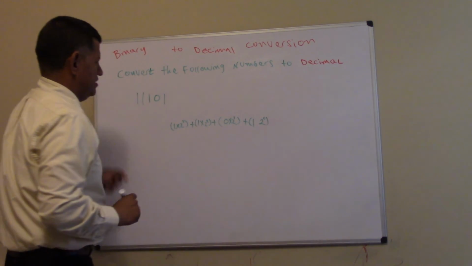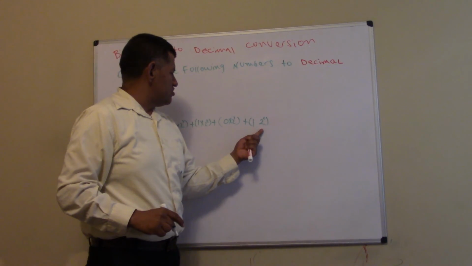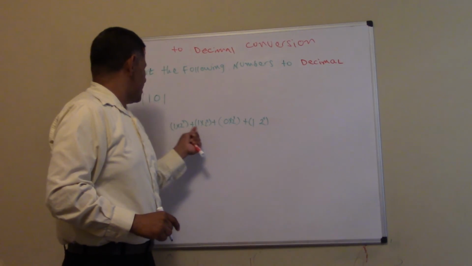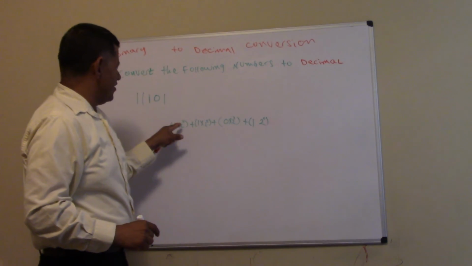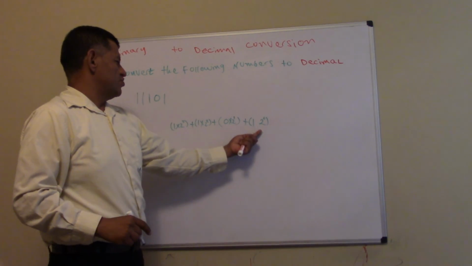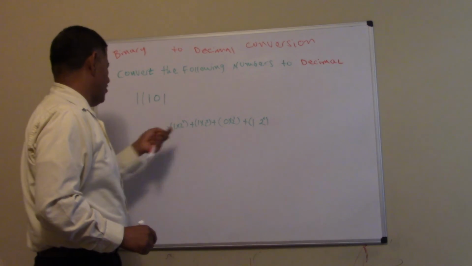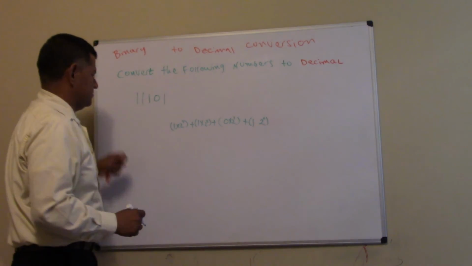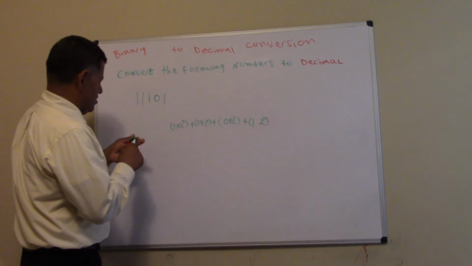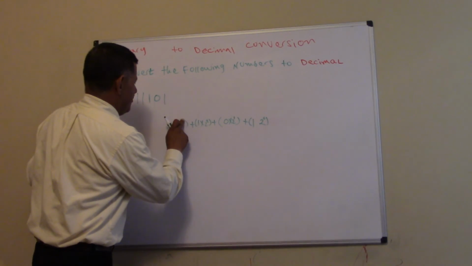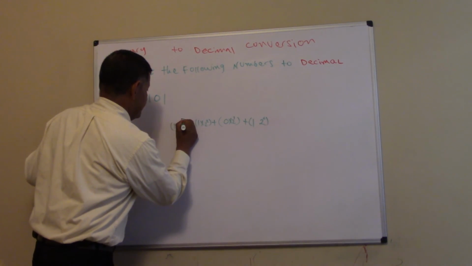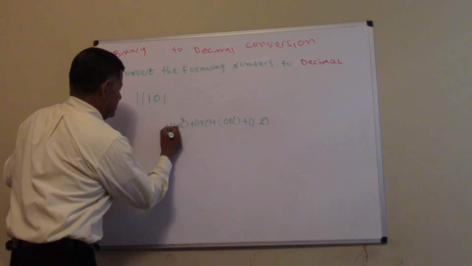Notice when you end up on the 3rd power, that means you started at 0, so you have 4 places: 1, 2, 3, and 4. That's a good way to check it too. This here is the 4th power.